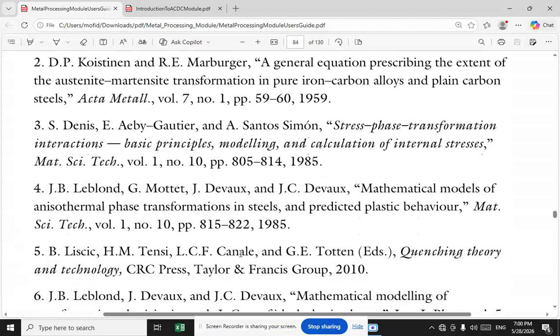The next is Denis, Guttmann, and the name is Stress-phase transformation interactions, basic principles, modeling and calculation of internal stresses. The next was written by Devaux, and the name is Mathematical models of unstable phase transformation in steel and predicted plastic behavior.